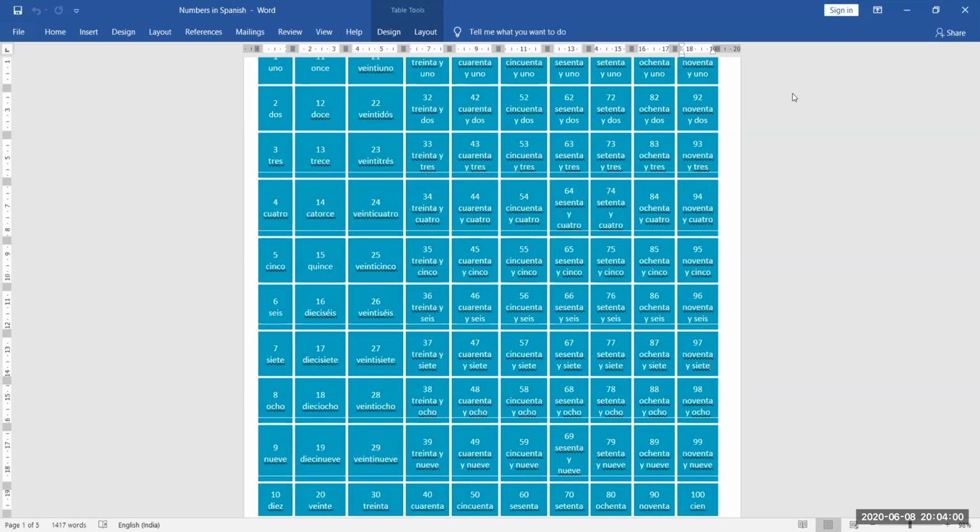In French, you have to start adding numbers. French is literally mathematics. 90 does not exist.